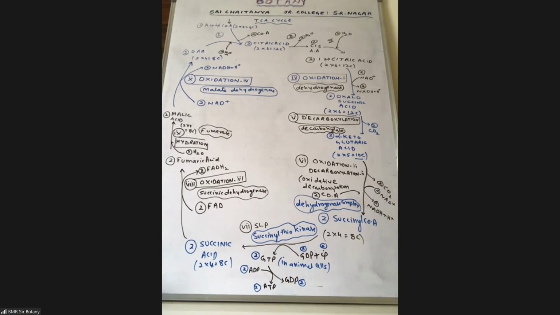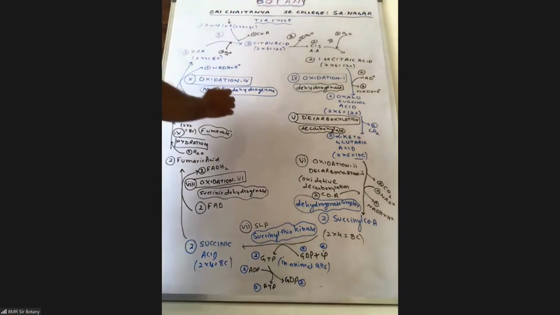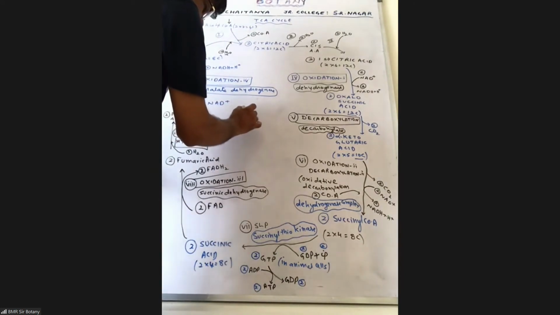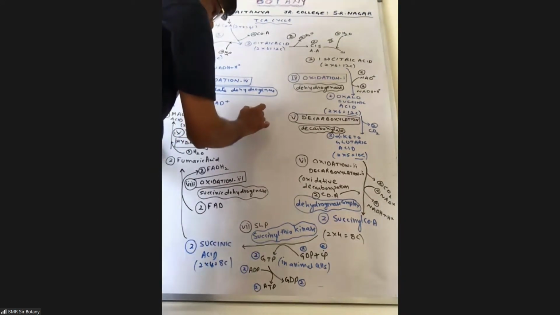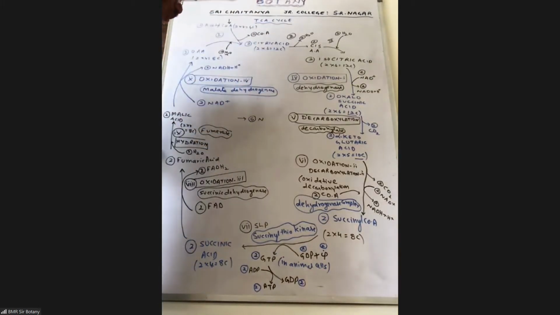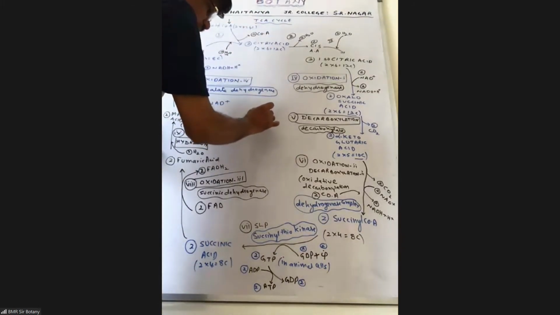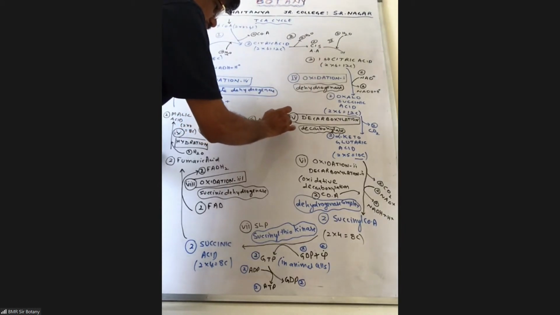Through TCA cycle, for one glucose, tell me Nana, how many NADH you got altogether? So 3. I said one glucose, that's where you should be careful. Means 2 turns together we should count. Got it?